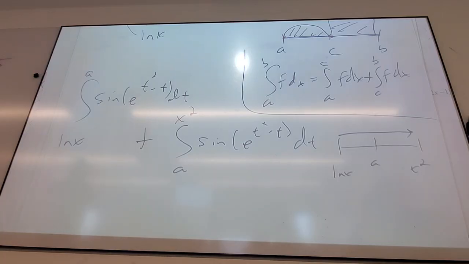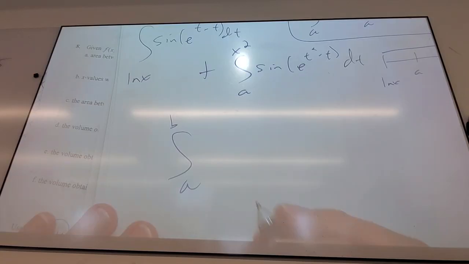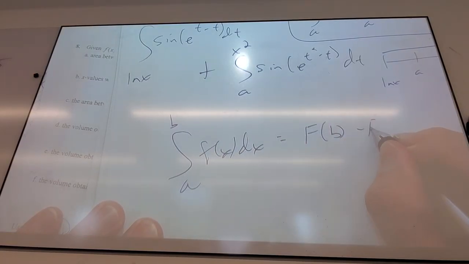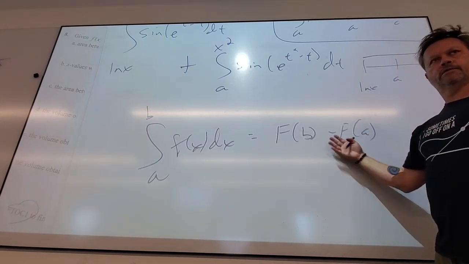Can you go over what FTC 2 is? FTC 2 is just the thing we've been doing with integrals forever. It's antiderivative. So when you plug the limits into your antiderivative and take the difference, that's what you're doing.